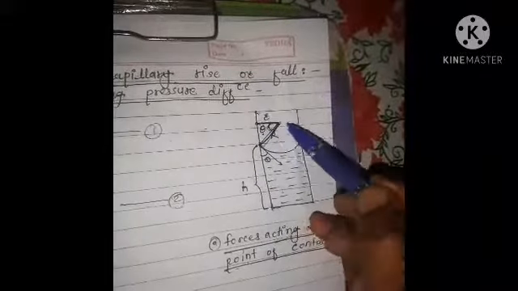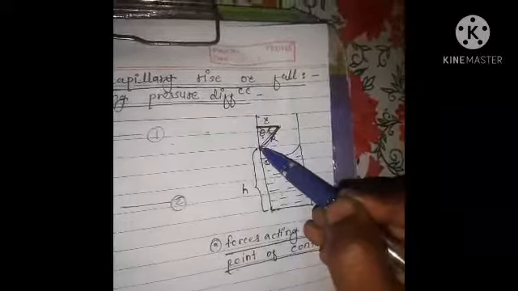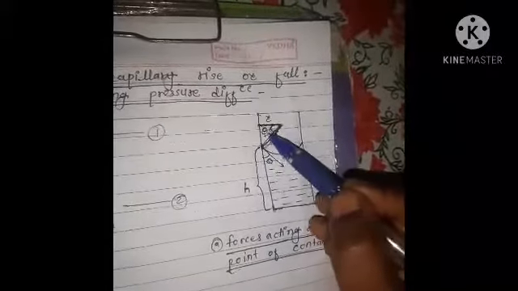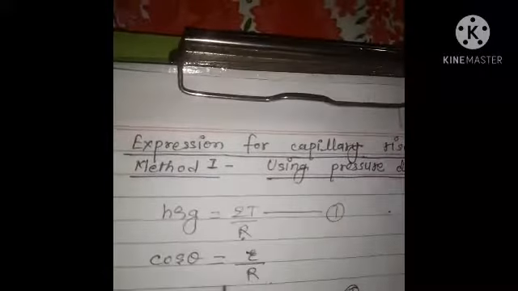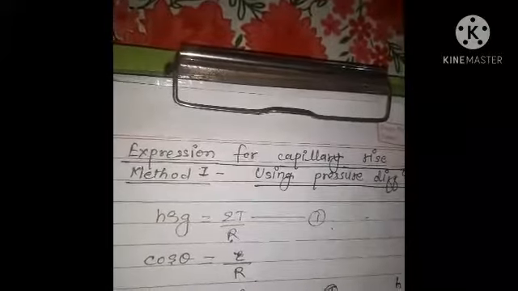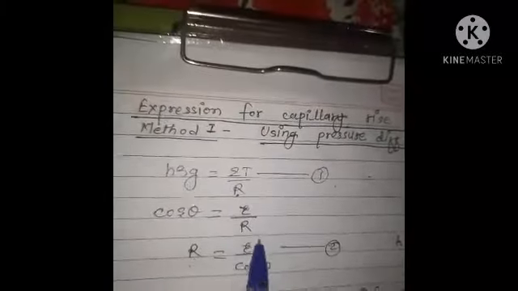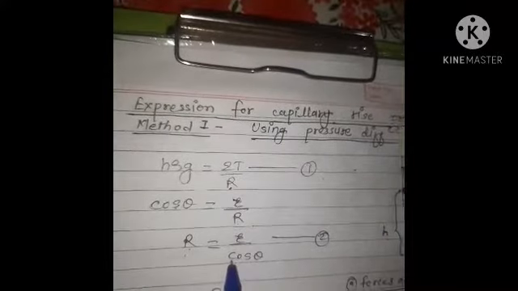Cos theta is equal to adjacent side divided by hypotenuse. Therefore, cos theta is equal to small r by capital R. We can write capital R is equal to small r by cos theta.